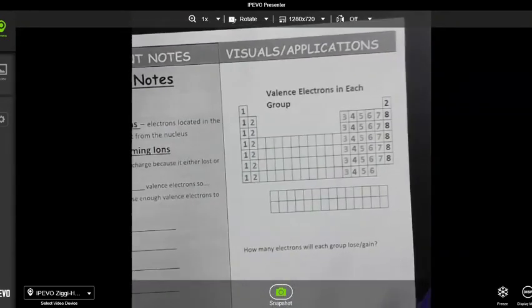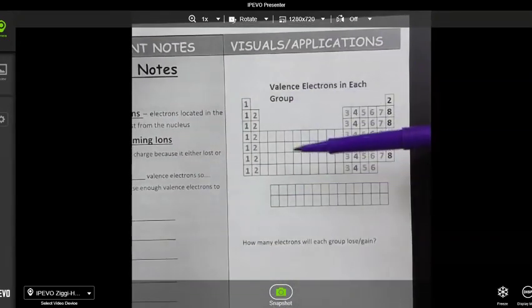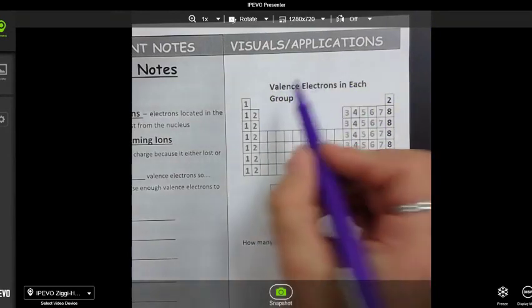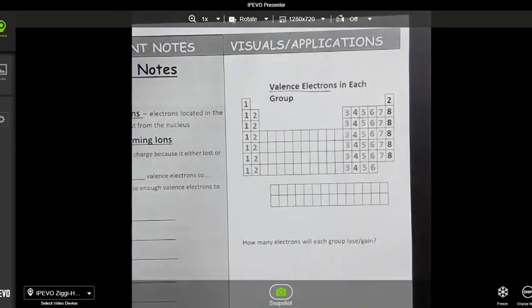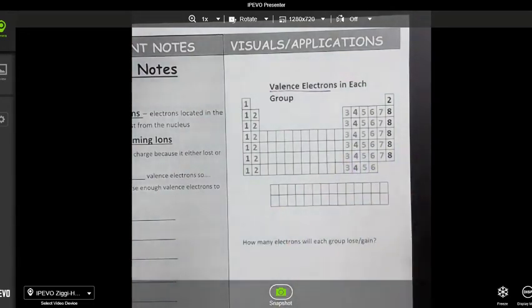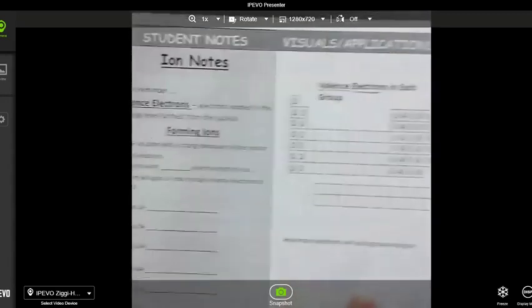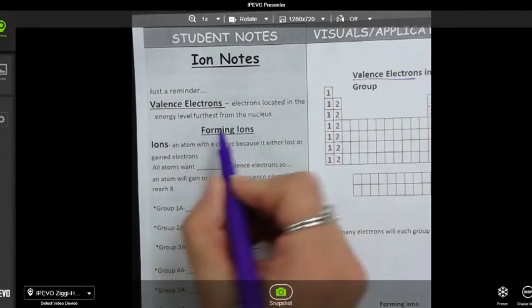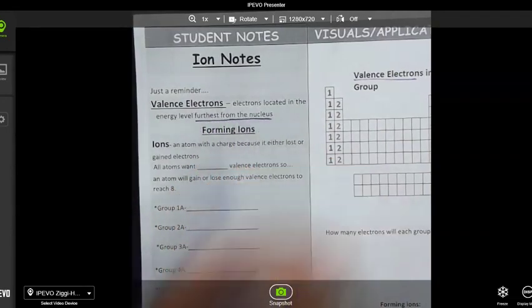So what that has to do with is valence electrons. From your atom builder activity, you may have looked at something that asked you a couple of things about valence electrons. Valence electrons are electrons located in the energy level furthest from the nucleus.